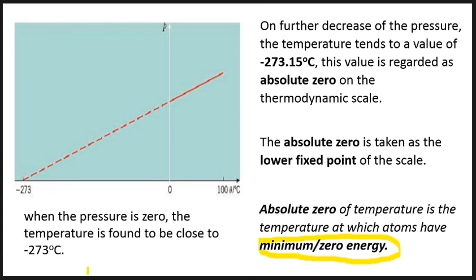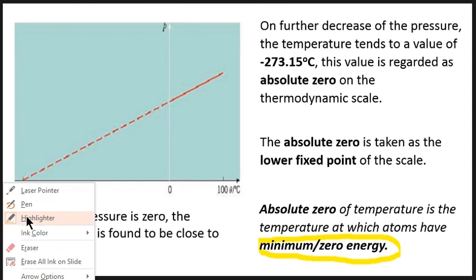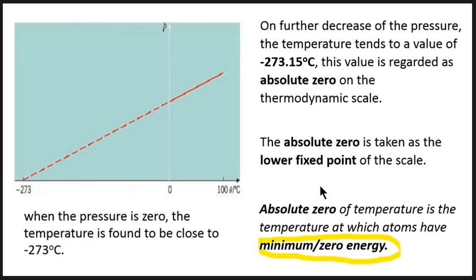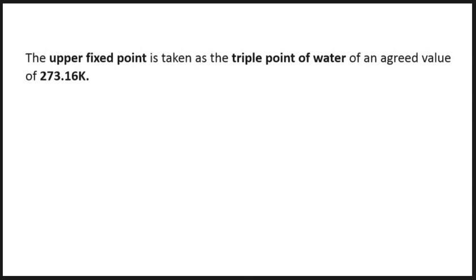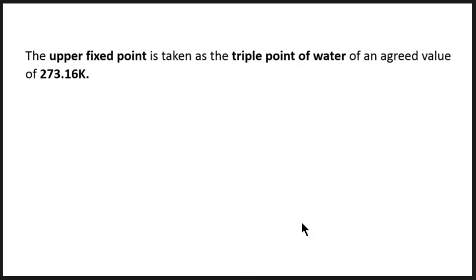Let's quickly take a look at that. Since we have the lower fixed point, what will be the upper fixed point? The upper fixed point in this case is taken as the triple point of water, of an agreed value of 273.16 Kelvin.